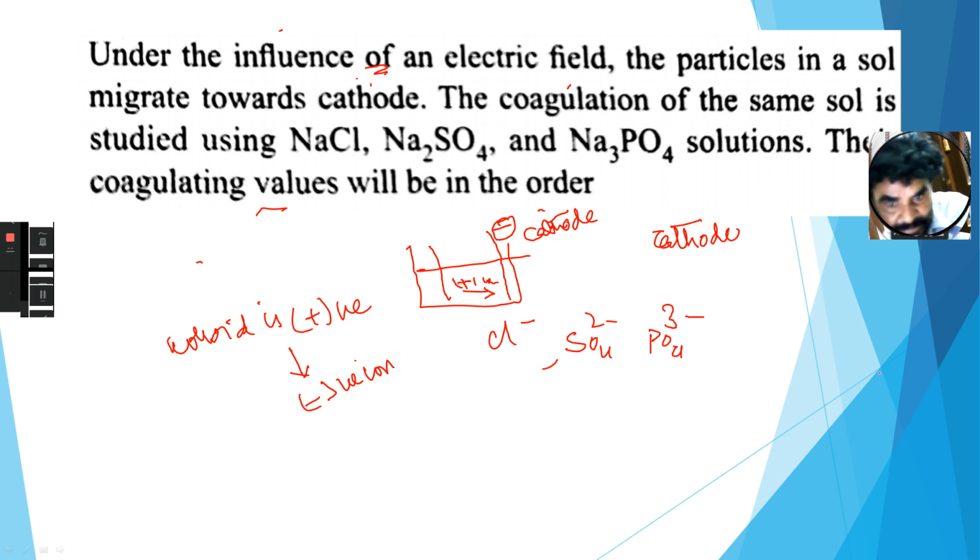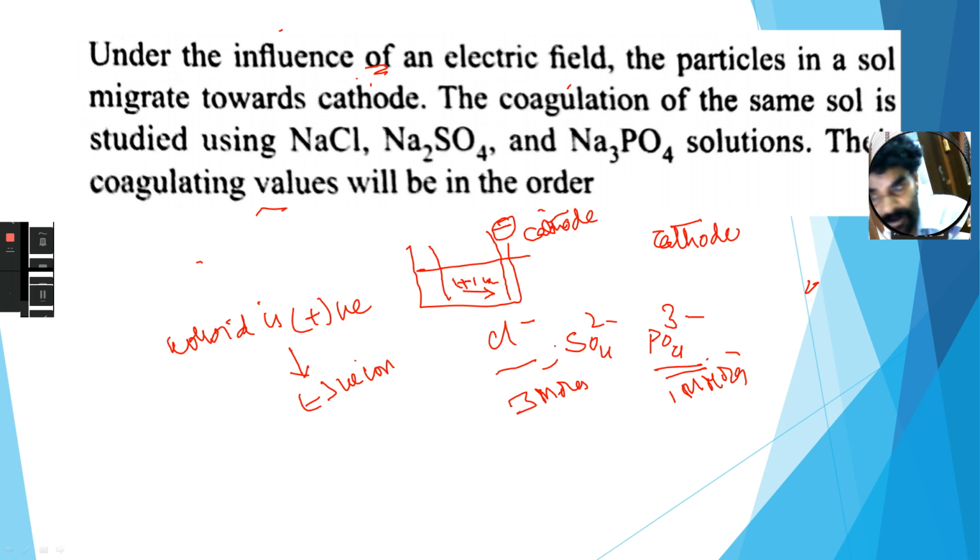If phosphate requires 1 millimole, chloride requires 3 millimoles. The coagulating value of the chloride ion is 3 times that of the phosphate ion.